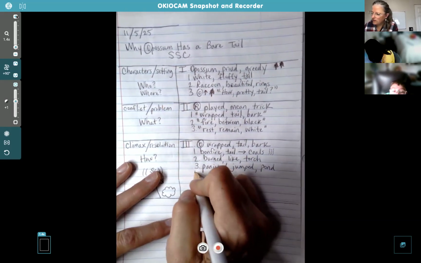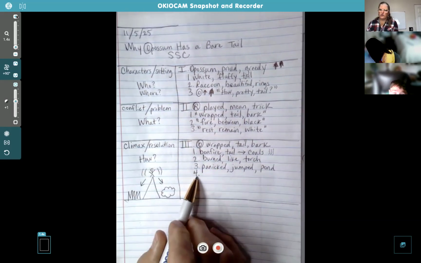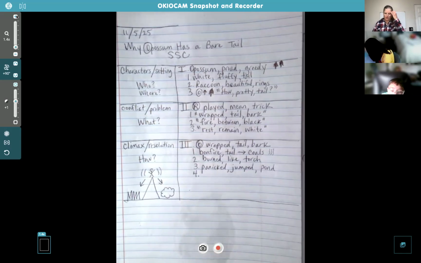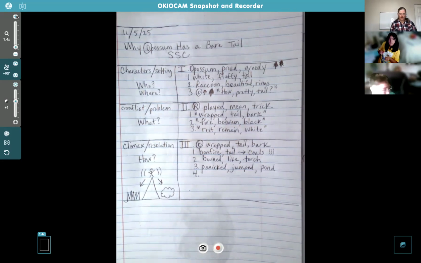But there's still a little bit more we need to add here. So go ahead and write a number 4 in, because we have to sum it up. Remember at the end of the story, it talks about his children's children and all that stuff. So how could we put that, Amber, for number 4? Basically they don't have any more hair for generations.